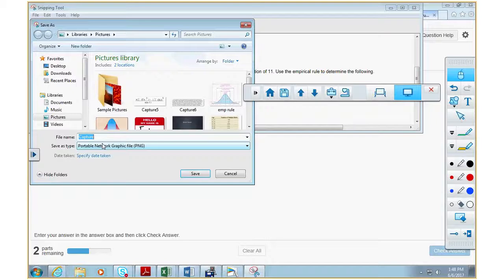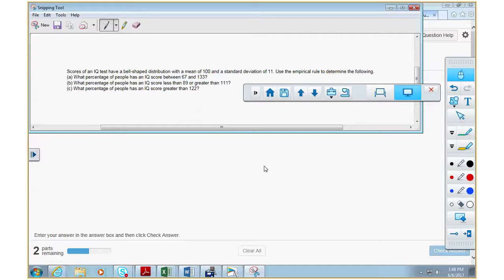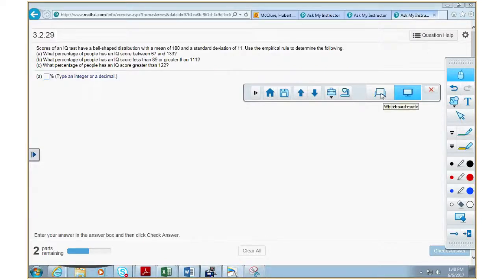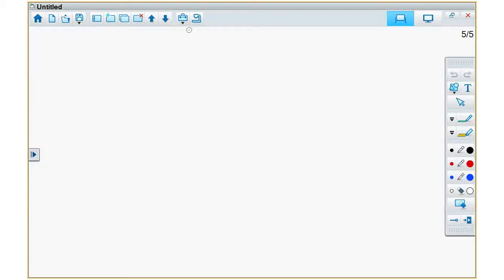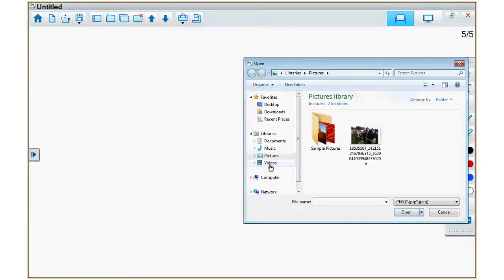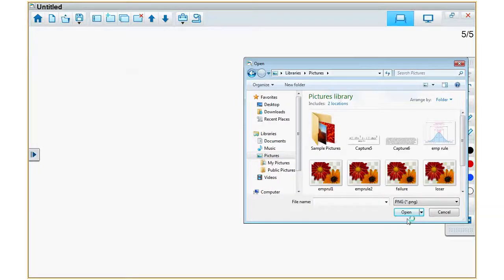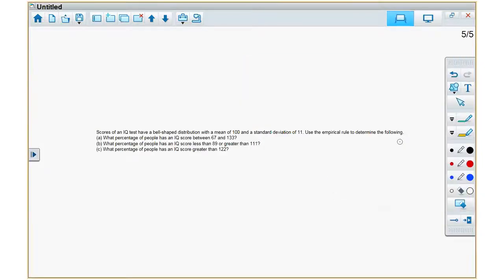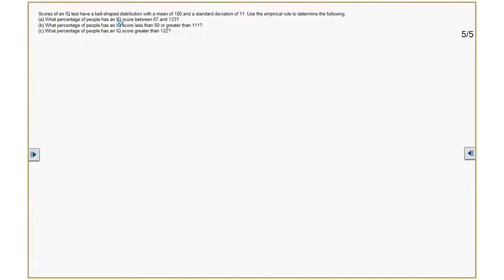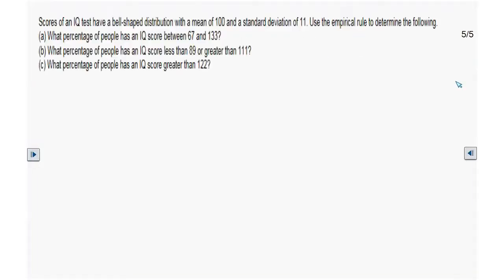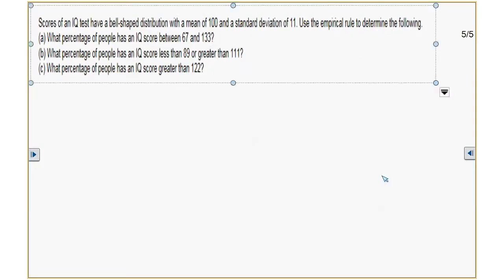Call this empirical. I can't pull it in on the transparency, so I have to pull it in on the whiteboard. So hold on.